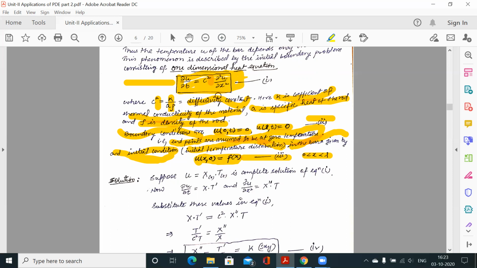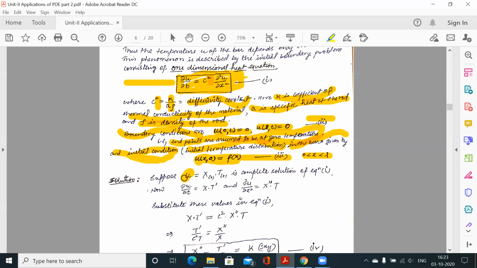First, we have to observe how many independent variables there are. The solution of this one-dimensional heat equation is the temperature distribution in the rod, which depends on the x and t variables, the length x and the time. So there are two independent variables, t and x, and the dependent variable is u.